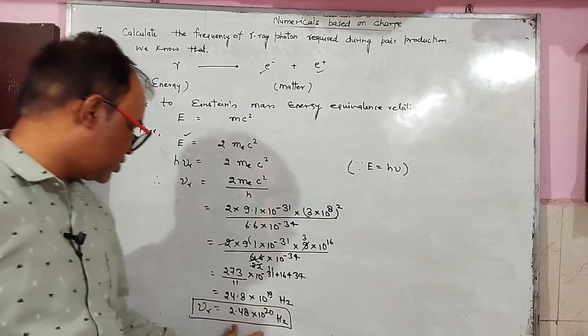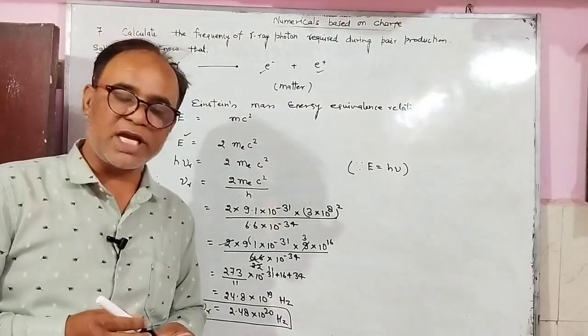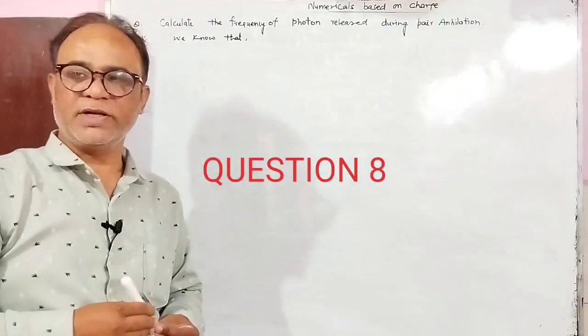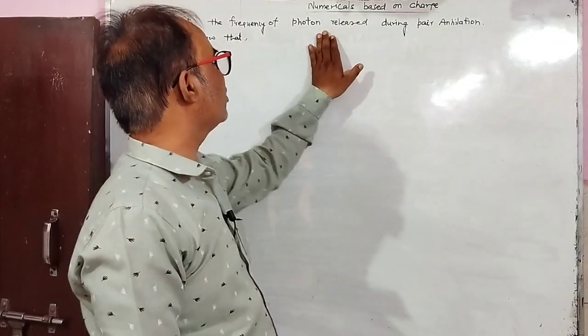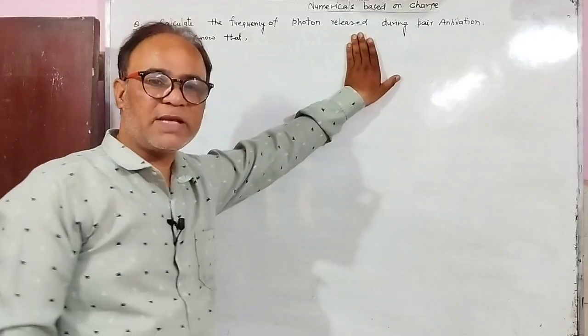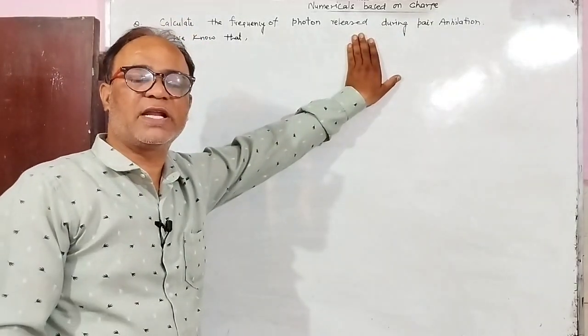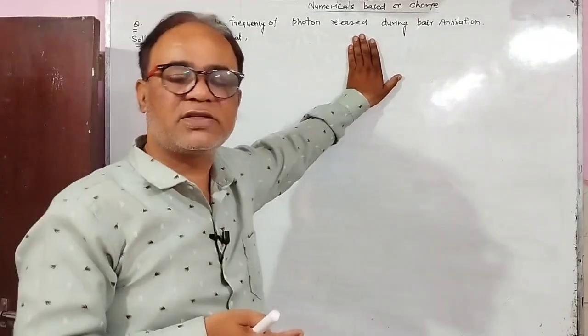This data is to be kept memorized because it can be asked as an objective question. Let us see the next question, that is calculate the frequency of photon released during pair annihilation. Just as there is pair production, in the same way there is pair annihilation, but pair annihilation is the inverse or the reverse of pair production.